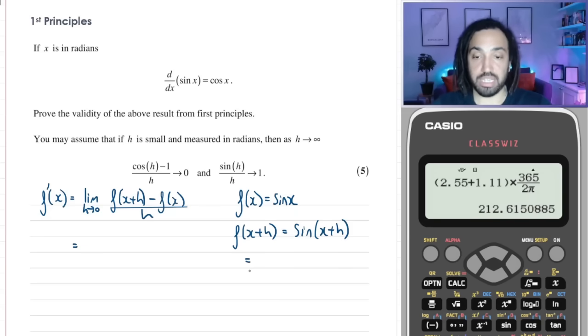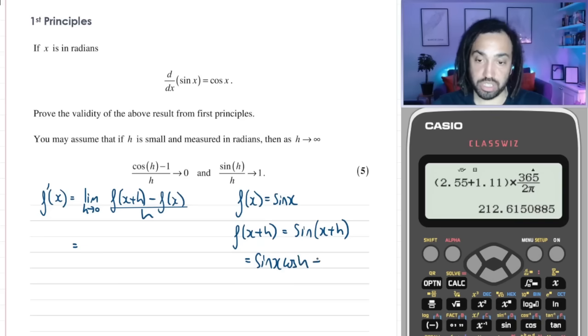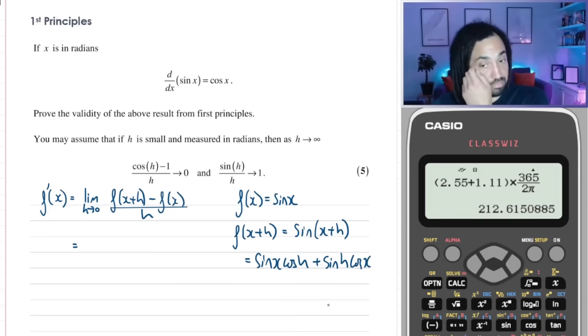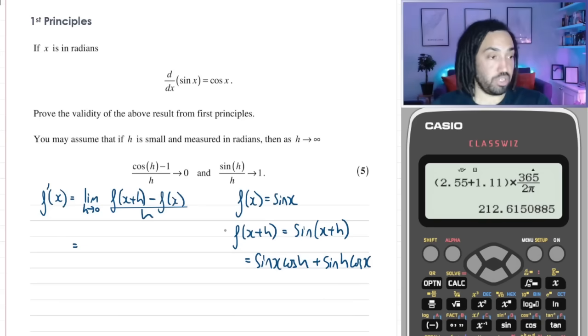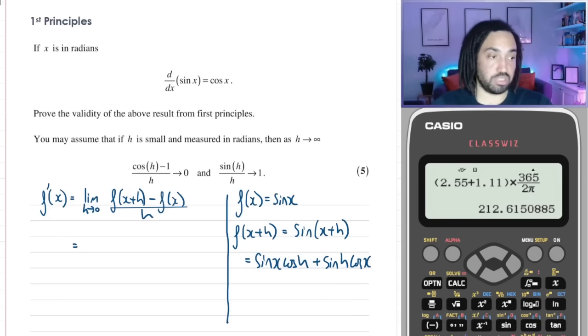Now, using the compound angle formula, which again is given in your formula book, this will be sine x cos h plus sine h cos x, like so. Okay, great. So that's going to be helpful. That's just on the side.